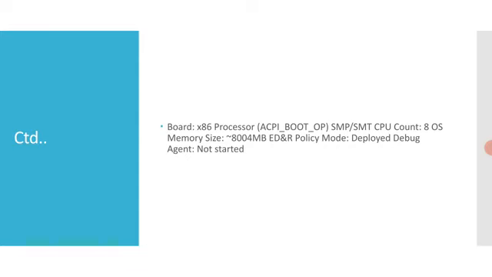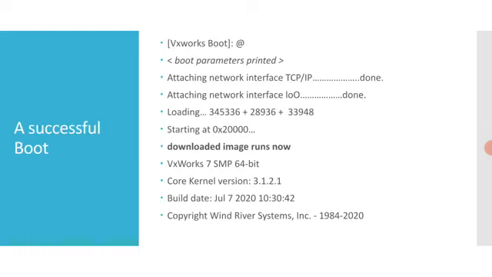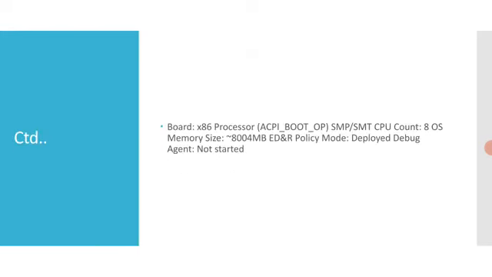We just saw what the boot parameters are, and this is how a successful boot would contain these kinds of messages. Not exactly the same, it differs with your target board and so on. Something similar to this.